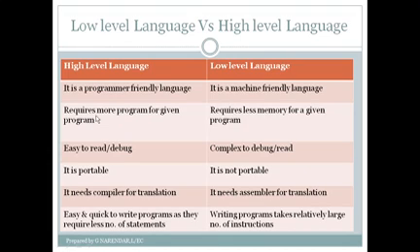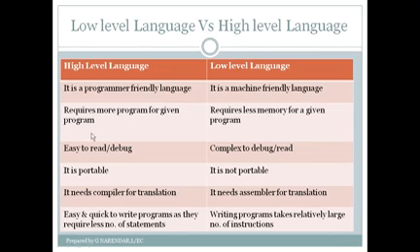And one more thing you can see is that high level language requires more program memory for a given program. That means when you write instructions using high level language, it takes a lot of memory for the same program when compared to programs written in low level language.